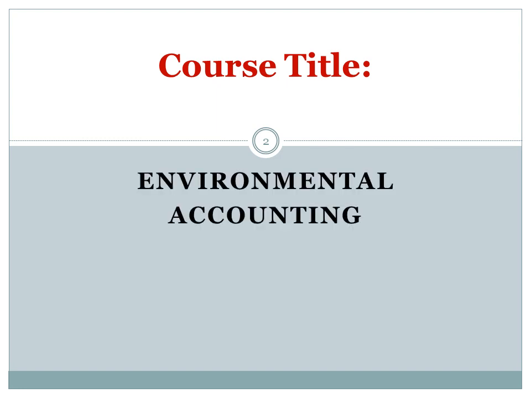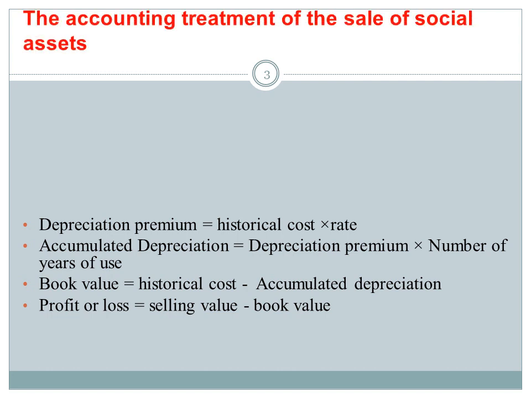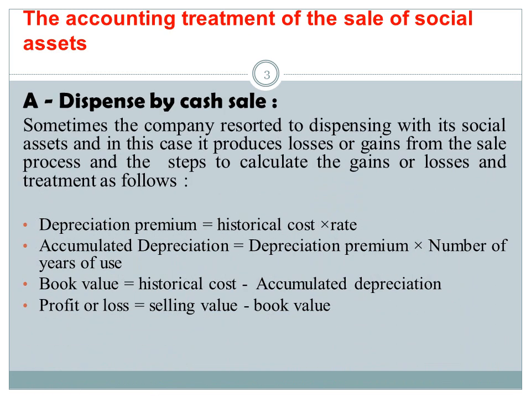We will complete our course Environmental Accounting. Last time we started chapter 3. Now we will complete chapter 3. The accounting treatment of the sale of social assets.